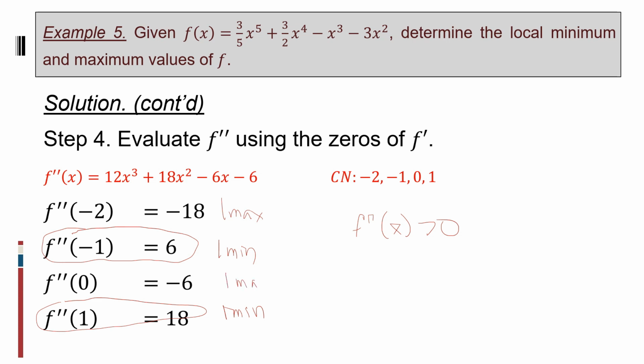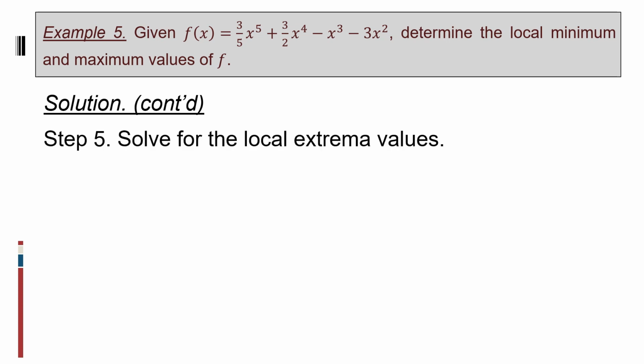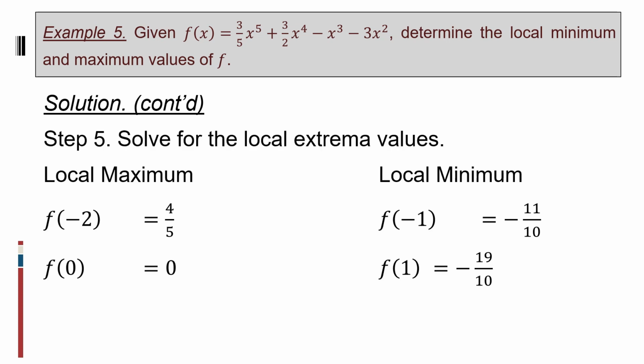Local maximum din ito because f double prime of x is less than 0. Finally, we solve for the local extrema values. For our local maximum, f of negative 2 is equal to 4/5 and f of 0 equals 0. For our local minimum, f of negative 1 is equal to negative 11 over 10 and f of 1 is equal to negative 19 over 10.